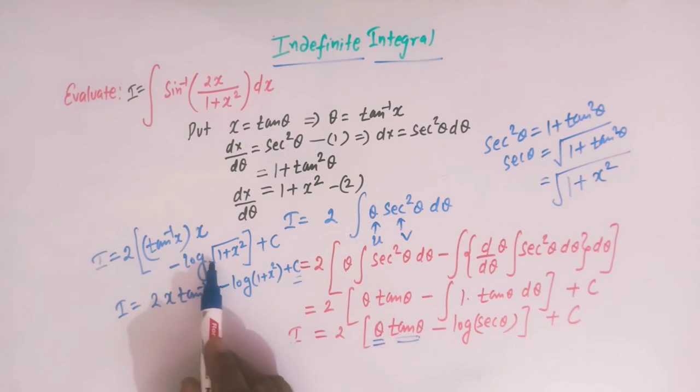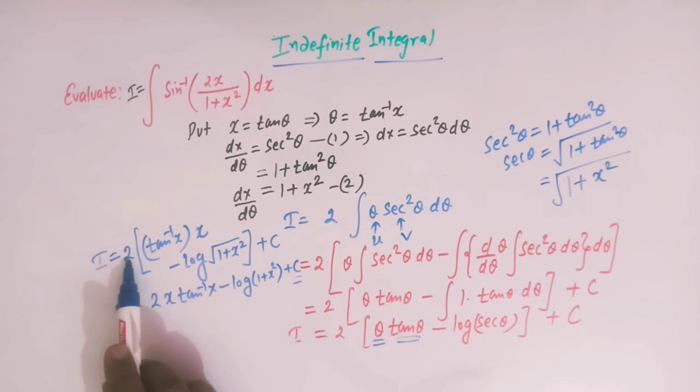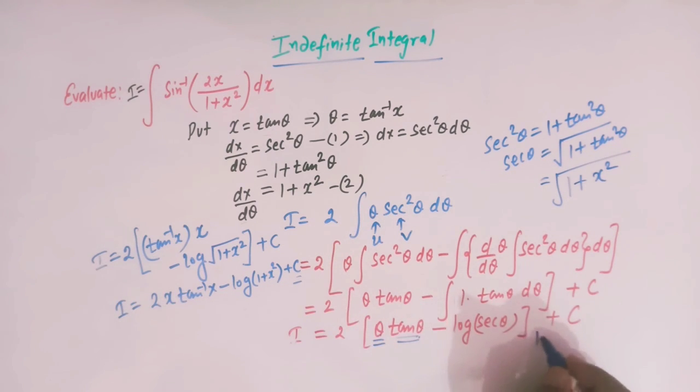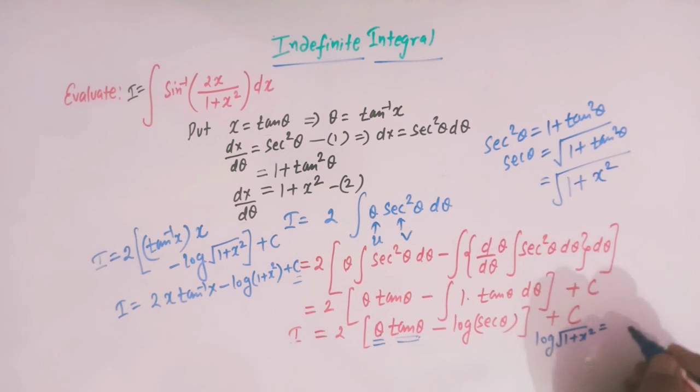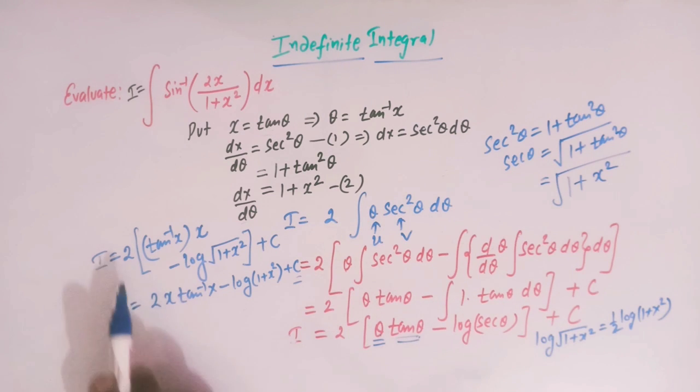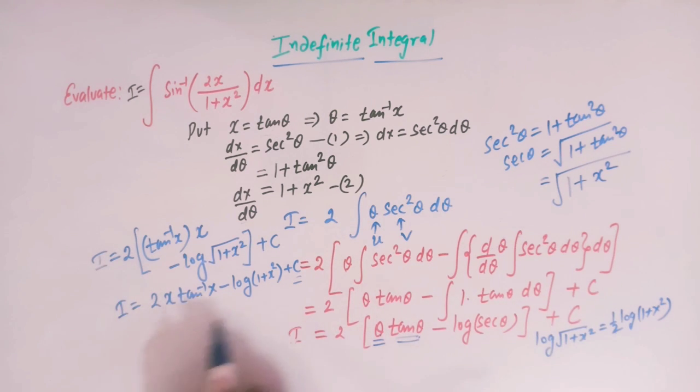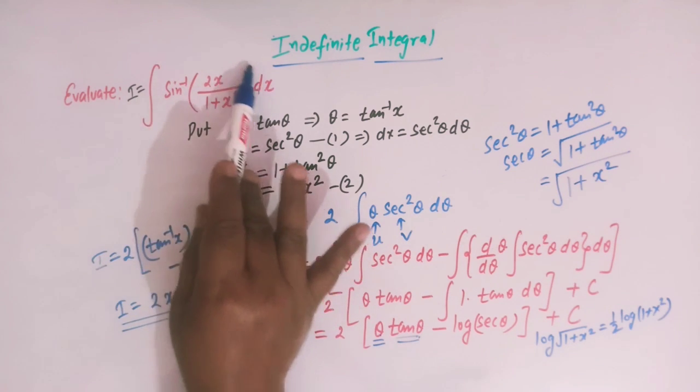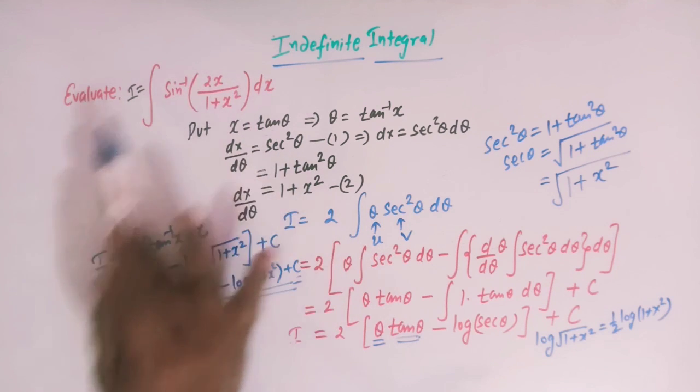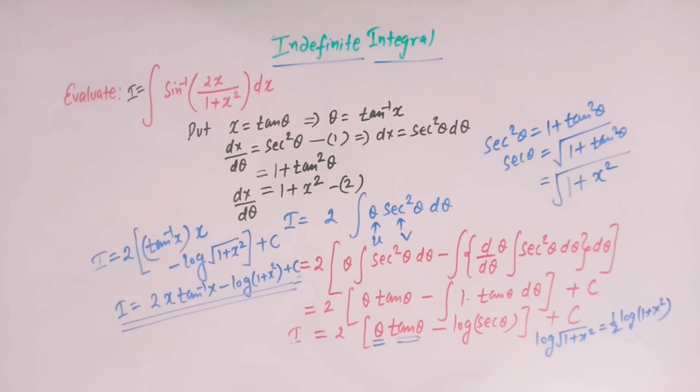Here the 2 cancels with the square root, because log of square root of 1 plus x square can be written as half of log of 1 plus x square. So this 2 and this half get cancelled. So this is the indefinite integral of this function. So viewers, this is how we solve this problem.